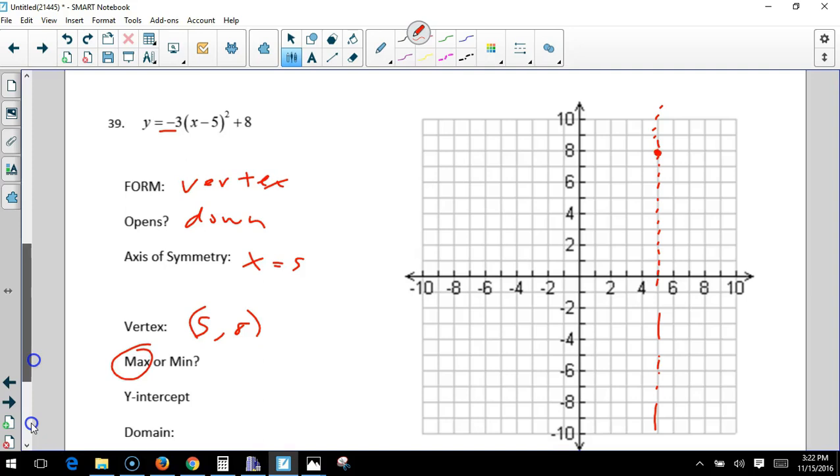What's my y-intercept? I don't know. I have to square x minus 5, distribute negative 3, then add 8. Or I just go to my calculator, look for 0. And it's all the way down at negative 67. I'm not going to graph that. I'm going to put a few more points on to be able to graph it, like 3, negative 4.